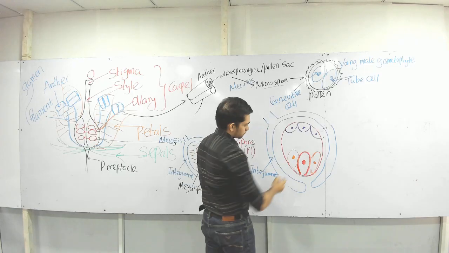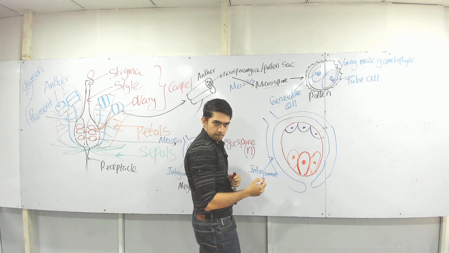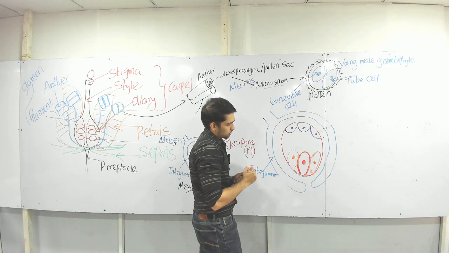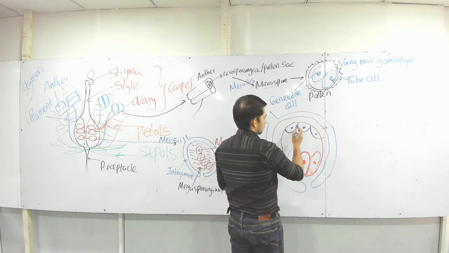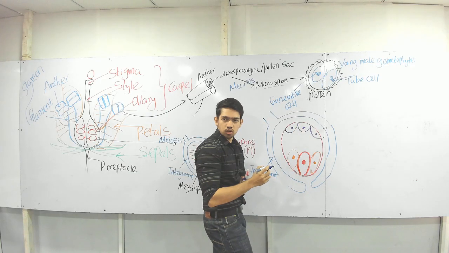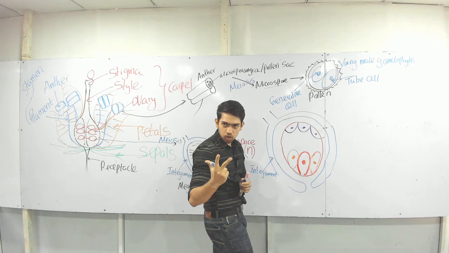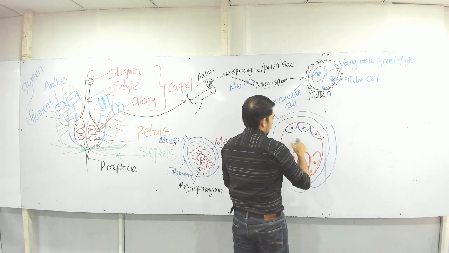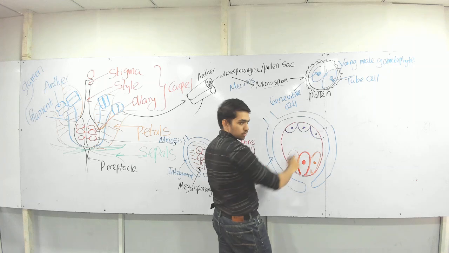At the center this whole thing is a big cell, okay? Right? This is the female gametophyte. So these are nuclei. These 7 cells are going to have 8 nuclei. So 3 antipodal cells, 1 nucleus each, 1 2 3.